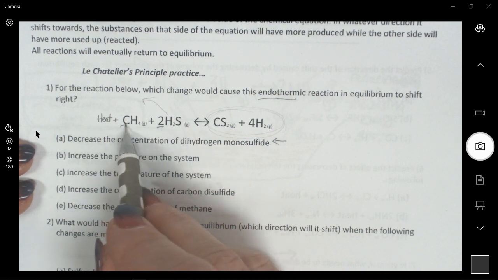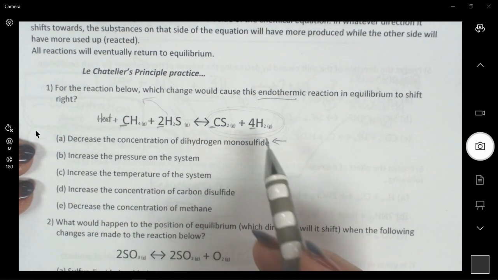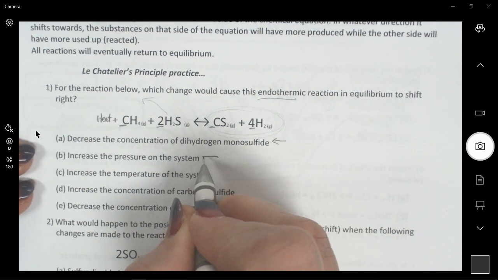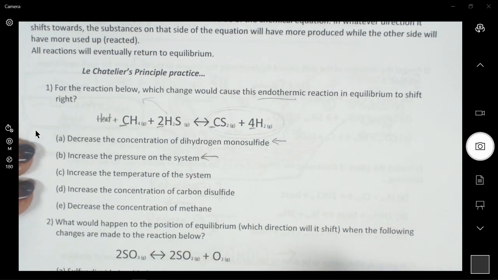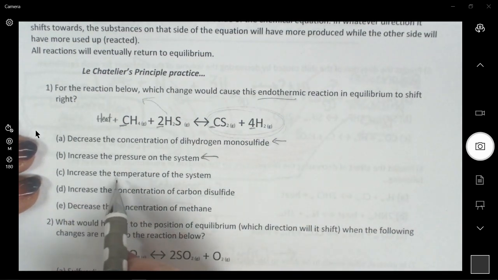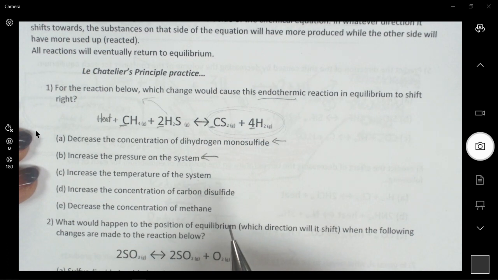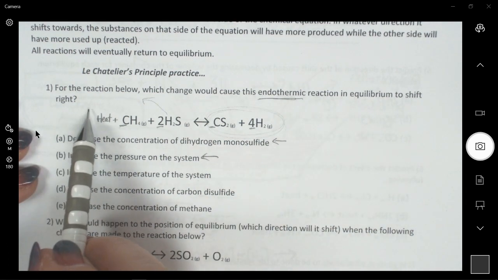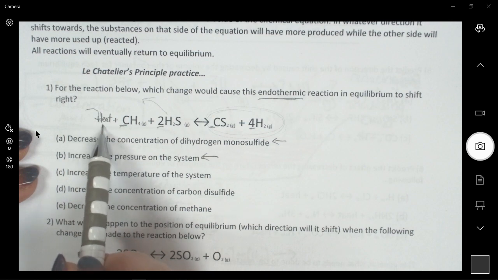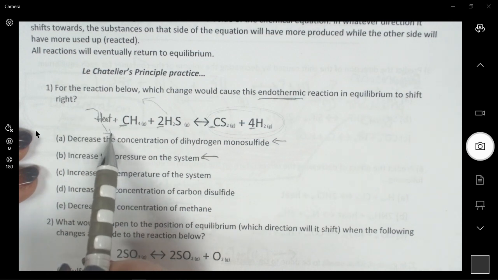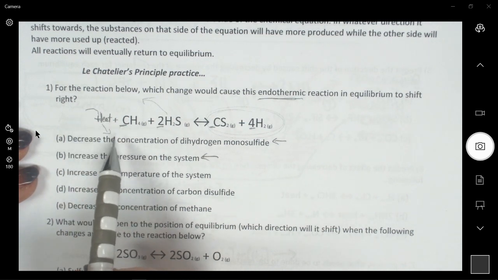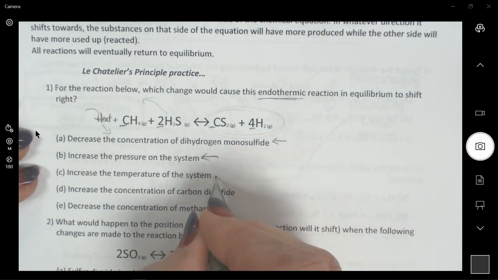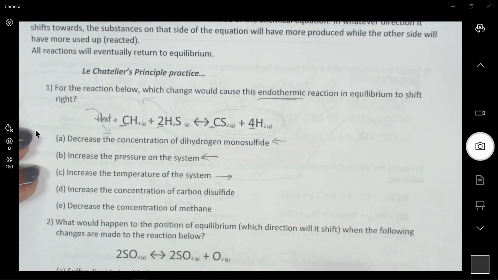Here there's 2 and 1, here there's 1 and 4, so it should also shift this way. Does that make sense? If I increase the temperature of an endothermic system, that's like adding ketchup to this side, like pouring ketchup into the bowl, so it will shift to the right.